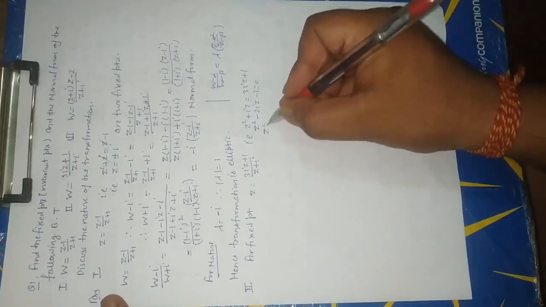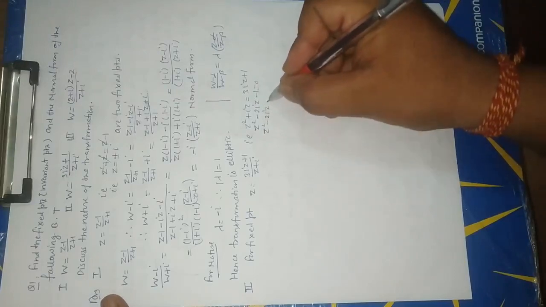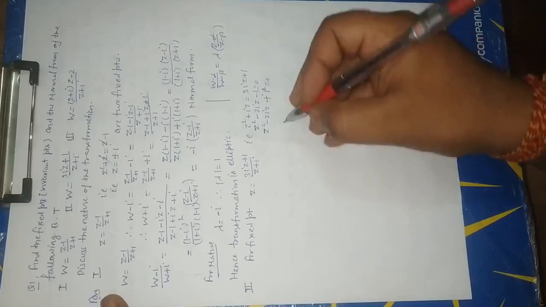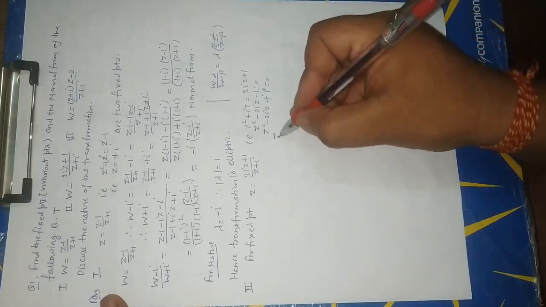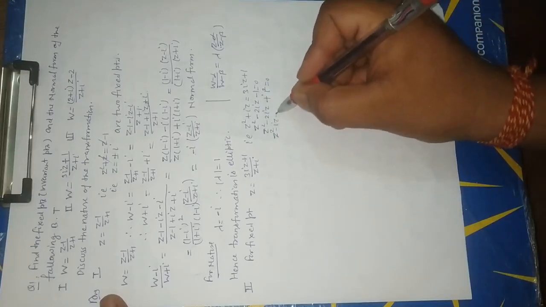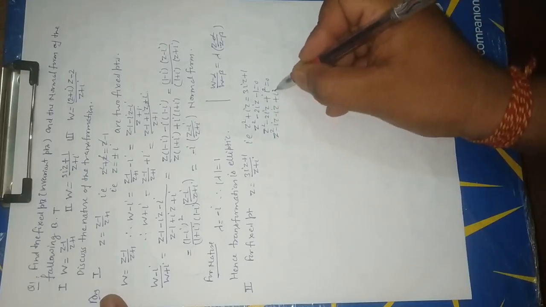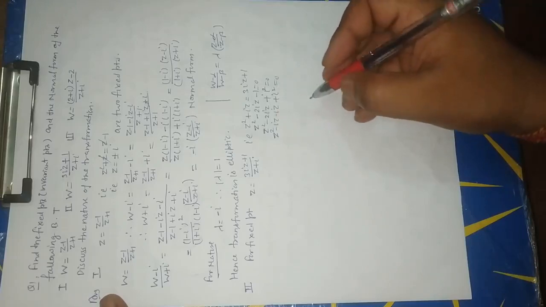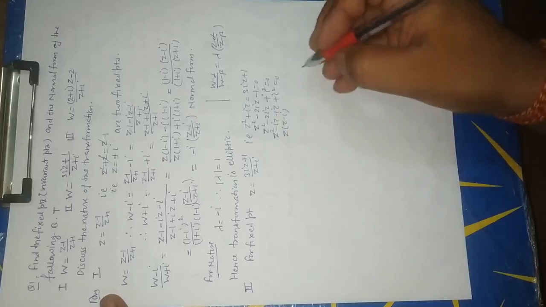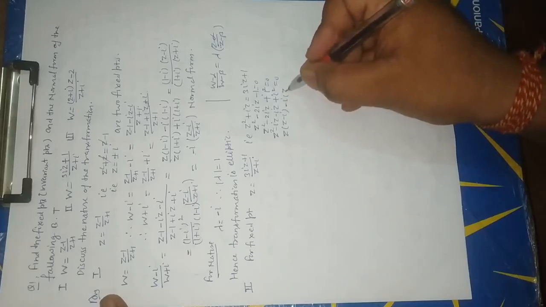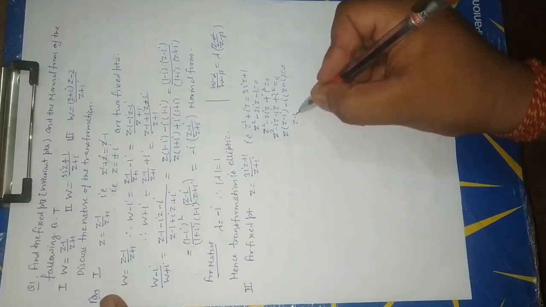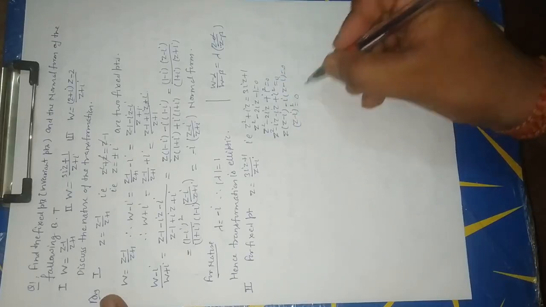That is Z square minus 2iZ plus i square. Now factorize: Z square minus iZ minus iZ plus i square, this is equal to 0. Now Z is common, (Z minus i), here minus i common, (Z minus i), this is equal to 0, the (Z minus i) whole square.